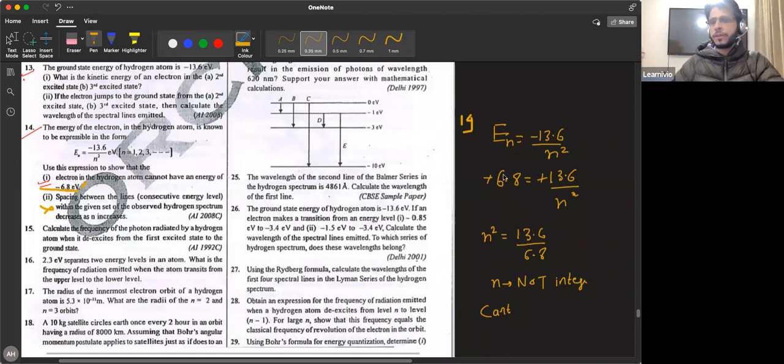The electron in a hydrogen atom cannot have an energy which is minus 6.8. Right, Nabil? Clear? Anshika, Alia, Arpit? Just get the value of n. If the value of n is an integer, that means that energy is possible. But if the value of n is not an integer, that means the energy is not possible.